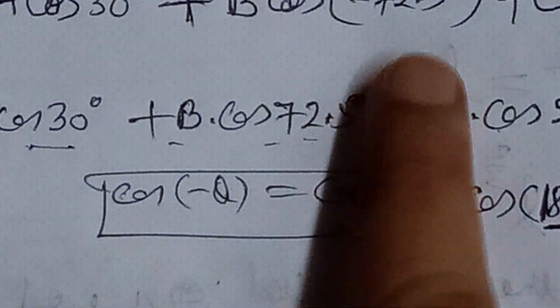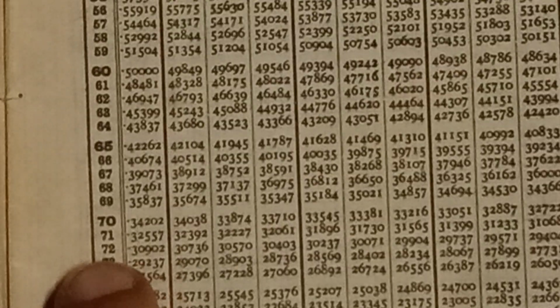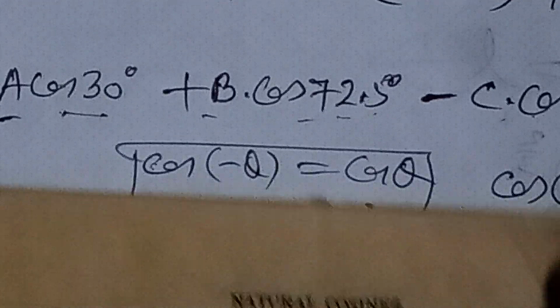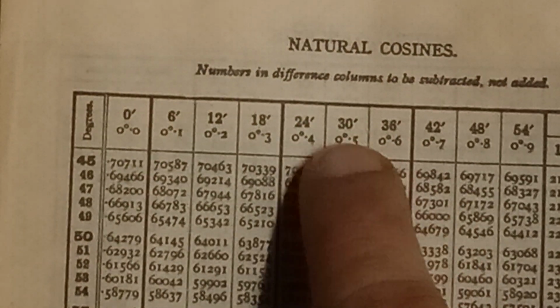So we have to find the value of cos 72.5 degree. First we go to the first degree, 72 degree, and for 0.5 we go to the 5th column. This is the 5th column.